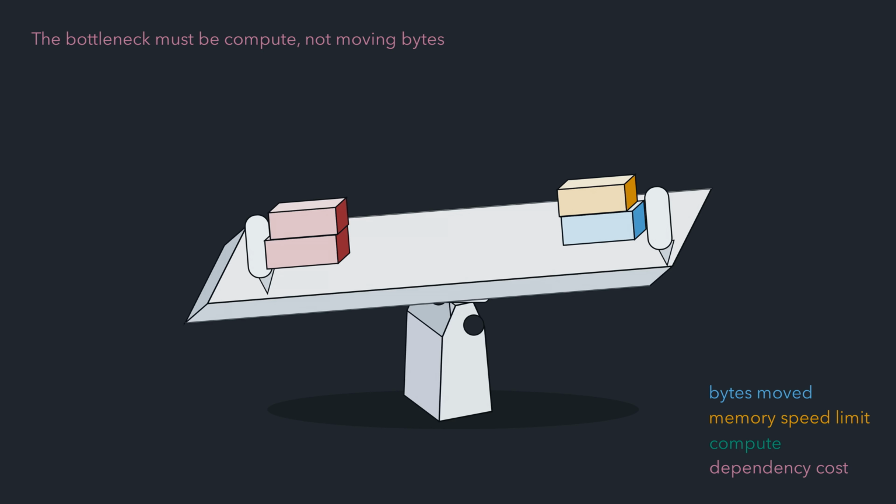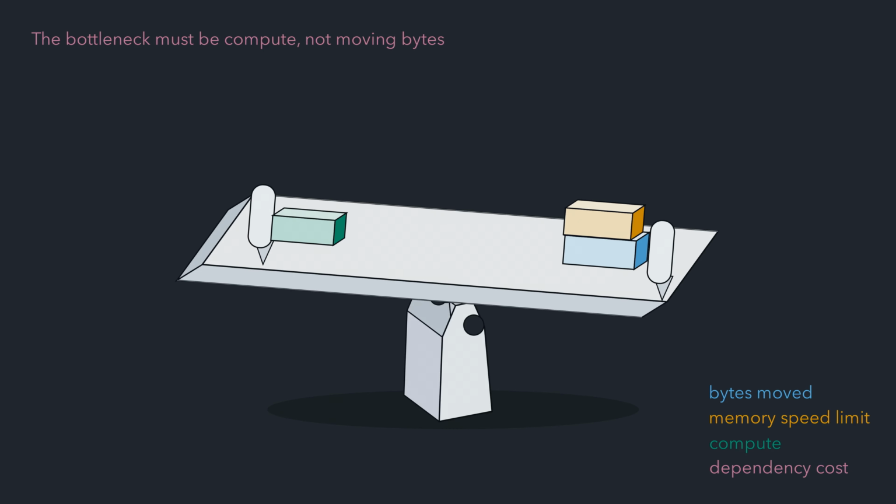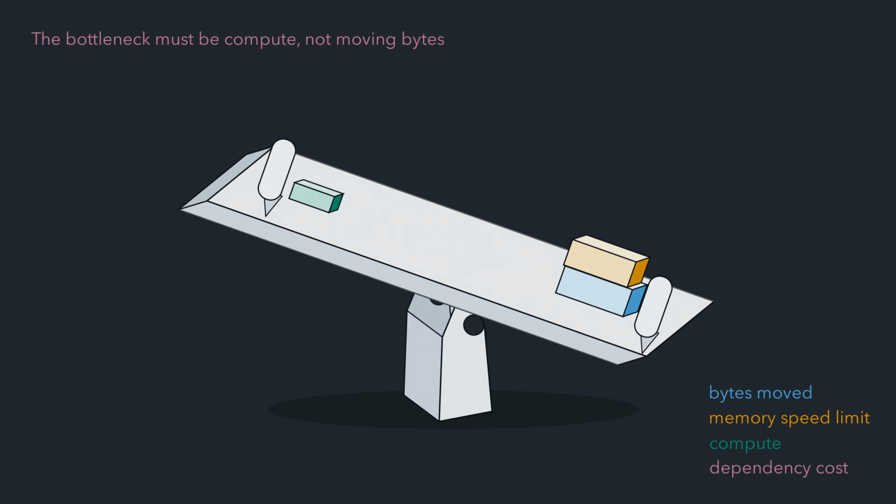On the left are boxes for compute cost, the amount of arithmetic work, and any dependency costs from poor or impossible parallel restructuring. With vector addition, there's no dependency. The arithmetic intensity is also incredibly low, only roughly 2 floating point operations for every 12 bytes of memory moved. So the scale crashes down to the right. Manual SIMD is definitely not worth it here.